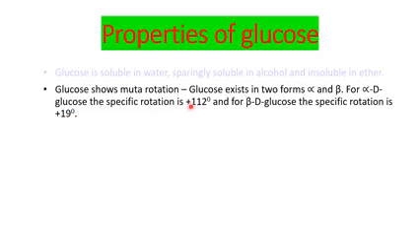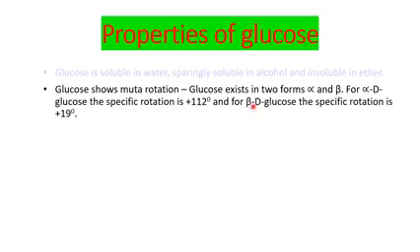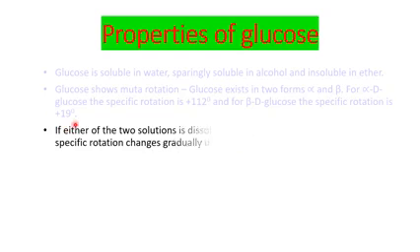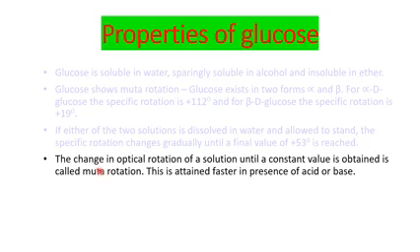So if alpha form converts to beta form, the rotation reduces to plus 53. If the beta form converts into alpha form, the rotation increases from plus 19 to plus 53. So this is the property of mutarotation. That is, mutarotation is the interconversion of an alpha form into a beta form. The change in the optical rotation until a constant value is obtained is called mutarotation.